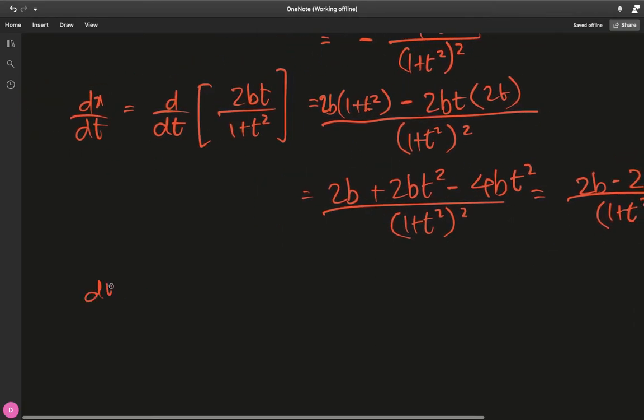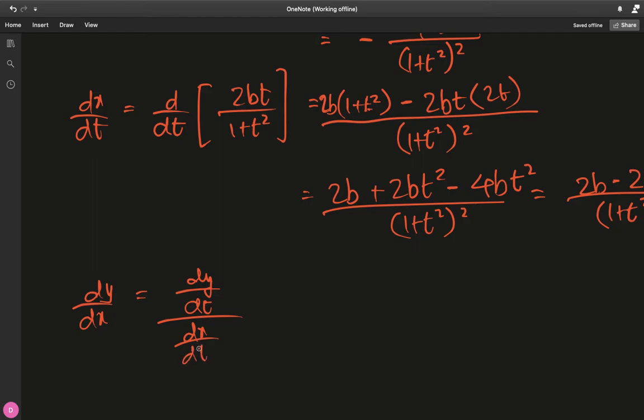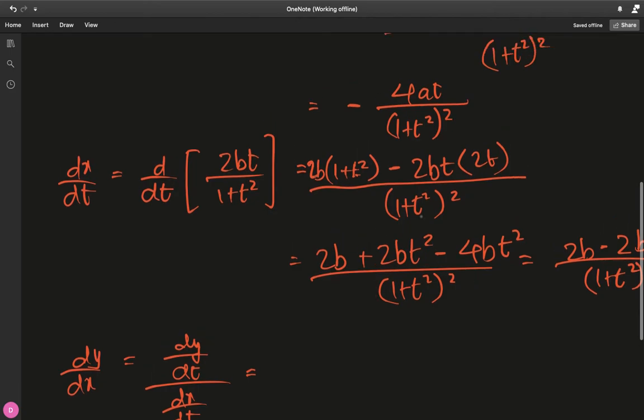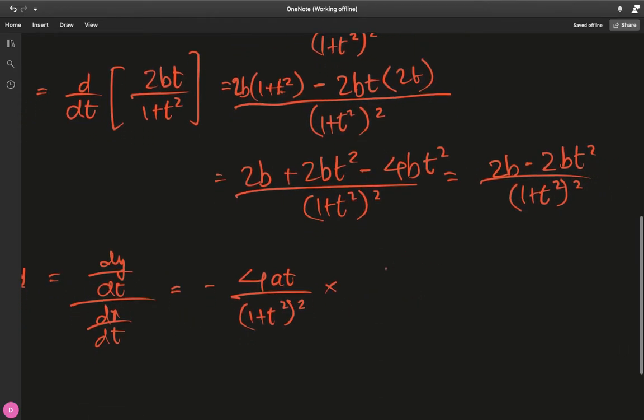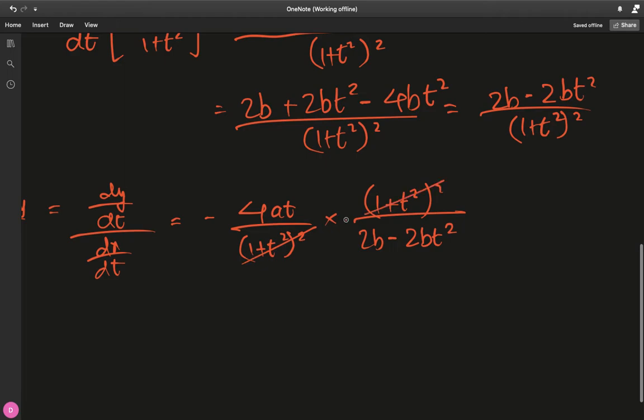So then again, dy over dx is dy over dt over dx over dt. That is going to be this negative 4a over 1 plus t squared squared, and dividing is multiplying by the reciprocal, so 1 plus t squared squared over 2b minus 2bt squared. These things cancel out.